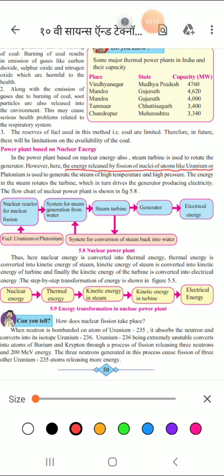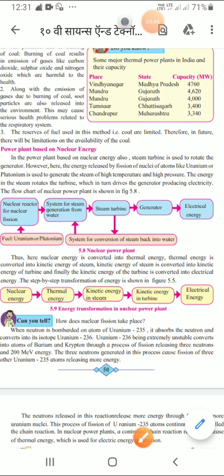You have to learn this point carefully, children. Okay, now see, I highlighted this point for you: the energy released by fission. Fission means to split the nuclei of atoms like uranium or plutonium, which is used to generate steam of high temperature. Now the flow chart also you have studied.